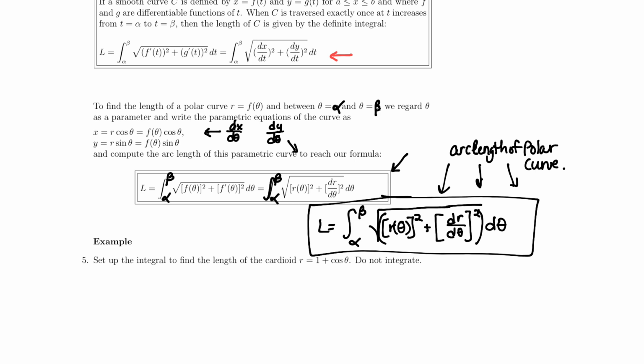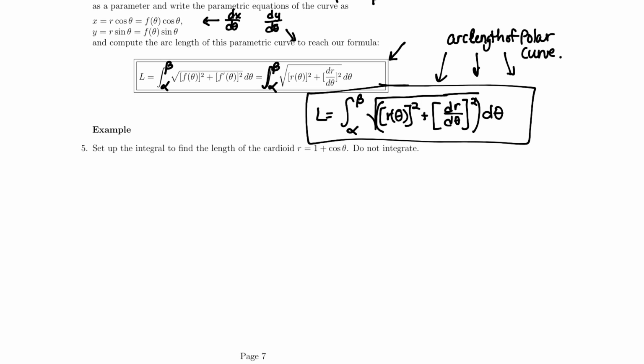So we want to set up the integral to find the length around the entire cardioid, r equals 1 plus cosine theta. And so I better go to Desmos and see how long it takes to get around that curve.